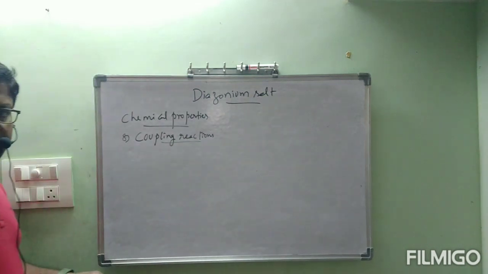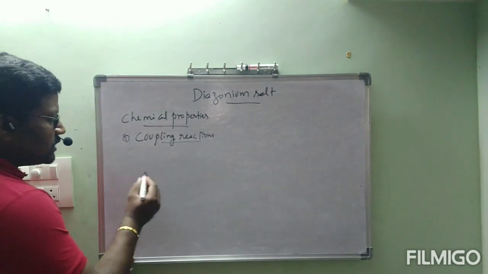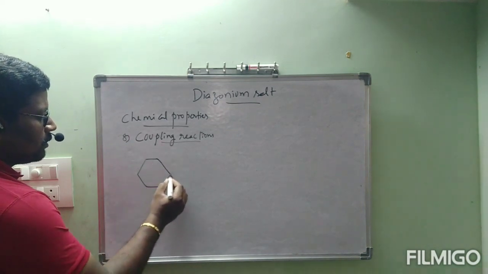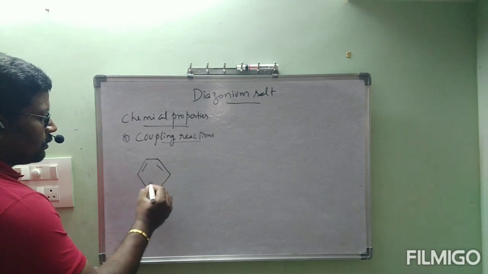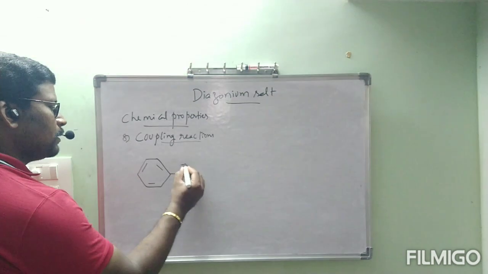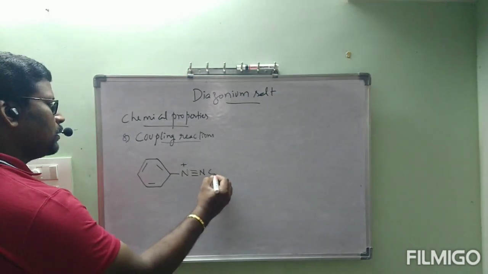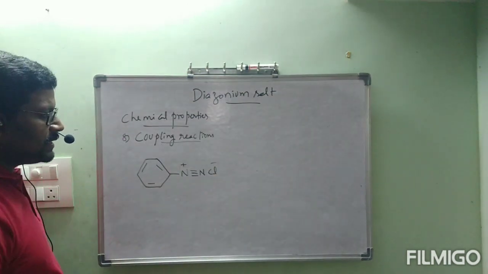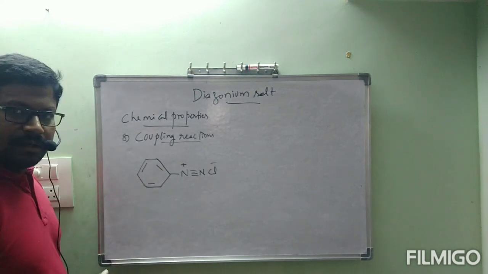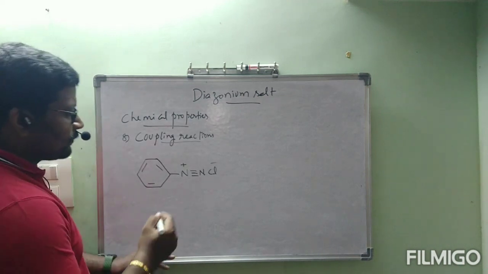Under these coupling reactions, start with benzene diazonium chloride, N2 plus Cl minus. You don't like to write like this, but it is convenient for us.